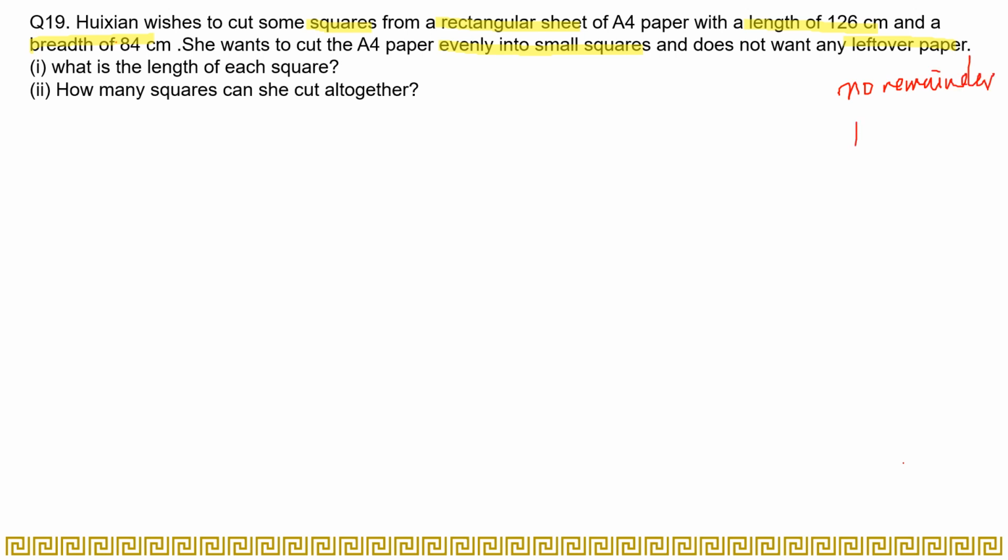So what is the case? That means we have to find the HCF, because when we find the HCF of numbers, at the end we get 0 as the remainder, right? So let's find the HCF of 126 and 84.